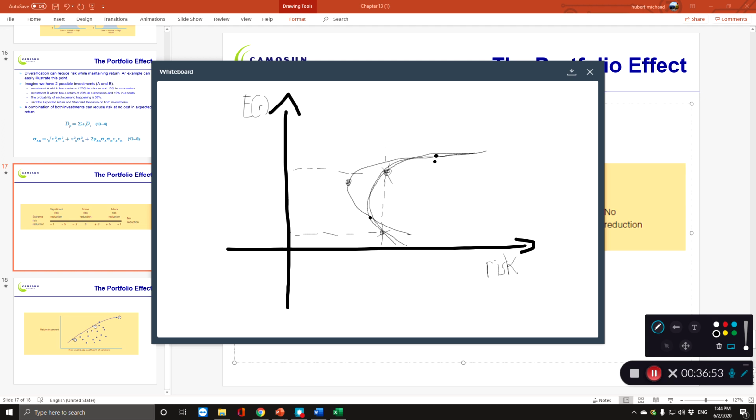Whenever in this graph we move to the left, or up, or diagonally that way, that's good. Moving straight up, we get a higher rate of return for the same risk. Moving straight left, we get the same rate of return for lower risk. That's better. So any time we move in these directions, that's good. The portfolio to the left or up from another portfolio is always strictly dominant. So that's the second thing you should understand.